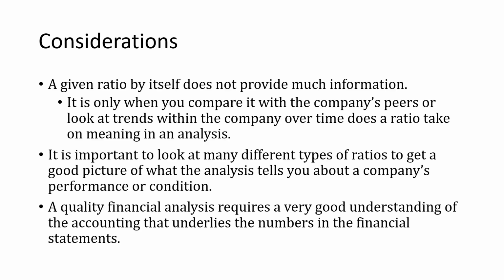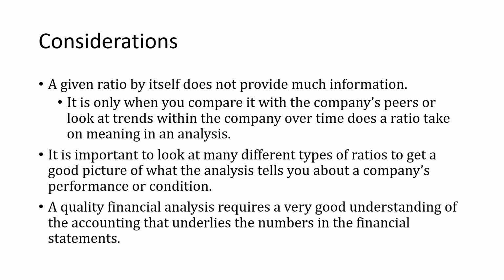Maybe the current liabilities are due a lot sooner than how fast we can liquidate our assets. So it's not the number itself. What you want to do is compare the ratio with that of the company's peers, but also look at trends within a company.